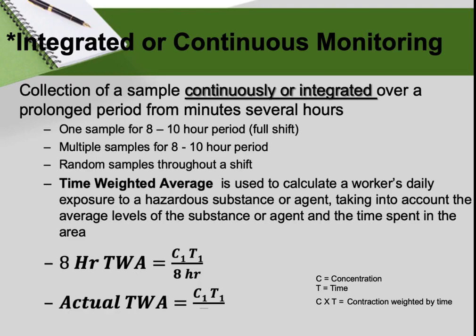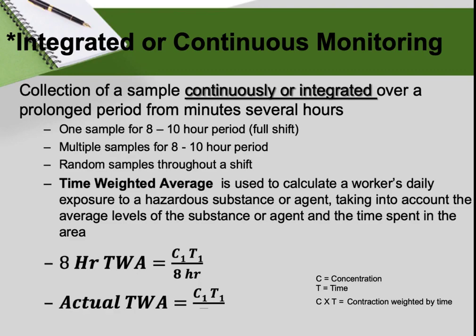So there's two different calculations that we can use. We can take all of our concentrations times the time we sampled, and divide that by 8, and that'll give us our 8-hour time-weighted average.